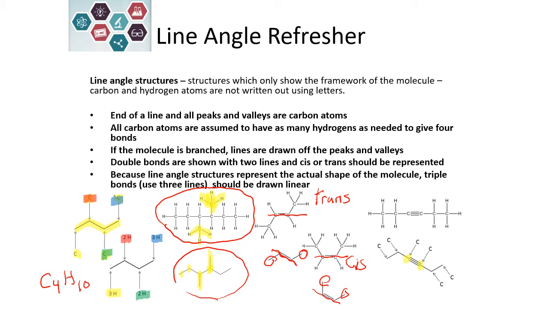So where the three lines stop, there is a carbon at each end of that triple bond, and then an additional carbon at the end of this line that shows the single bond. So we are representing branches, cis and trans, and the shape of our molecule all in our line angle structure.